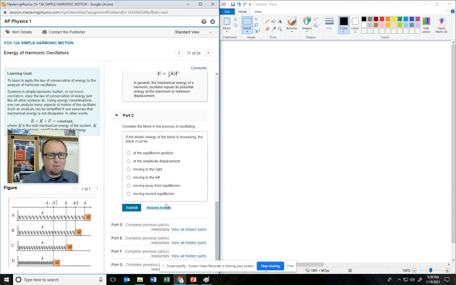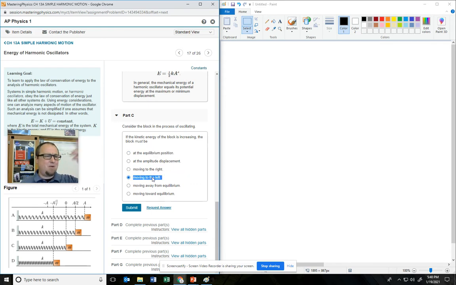Okay. Next up, consider the block in the process of oscillating. If the kinetic energy of the block is increasing, if it's speeding up, where is it? At equilibrium, no. Because at equilibrium, it's going to be losing right afterwards. Right before it's gaining, right after it's losing. Now, is it always going to be gaining? If it's going to the right, is it always going to be?